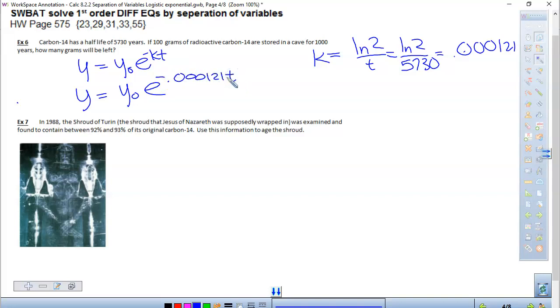That's my formula for carbon 14. I can plug different things in. Like in this problem, I could put 100 grams in here.